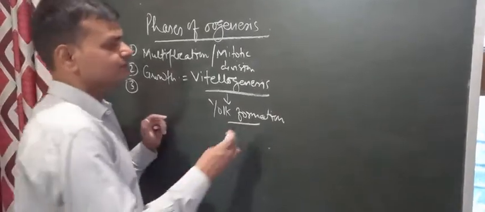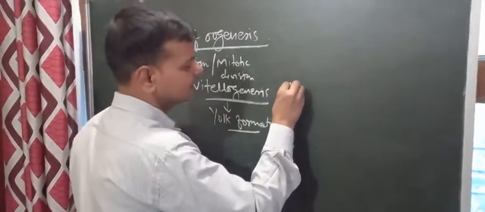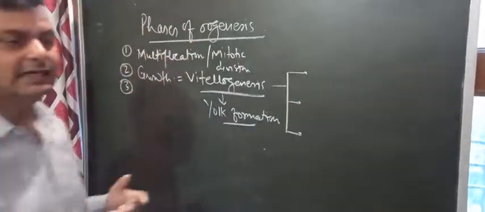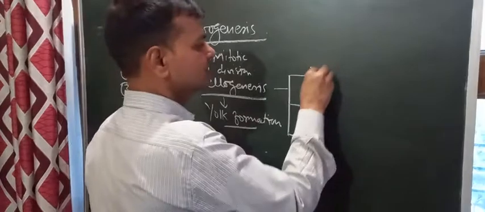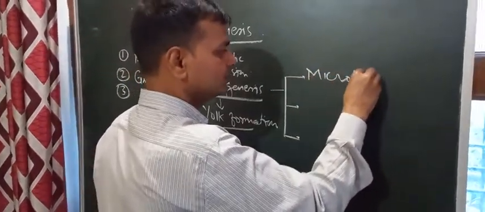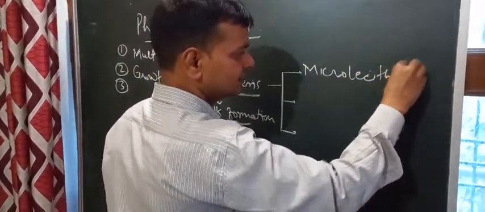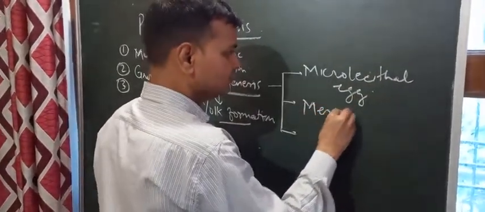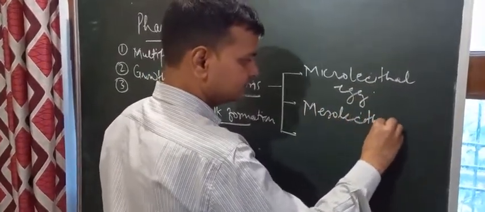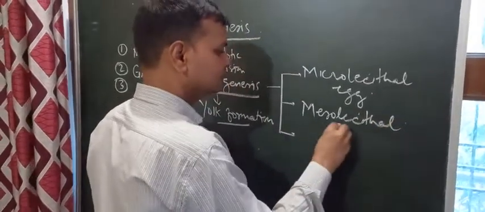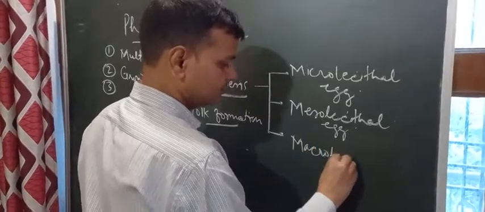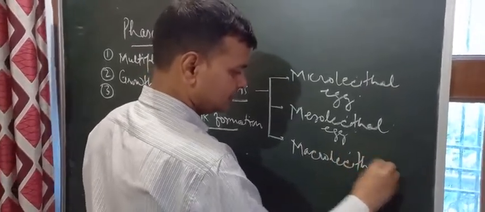Like on the basis of the yolk content, there are three types of eggs. One is called the microlecithal egg. One is called the mesolecithal egg, and the third one is called the macrolecithal egg.